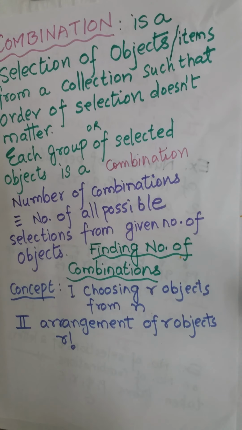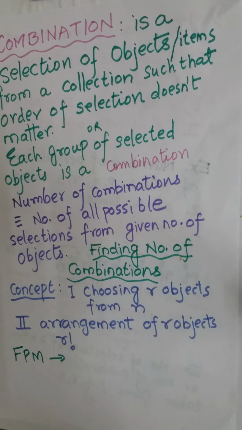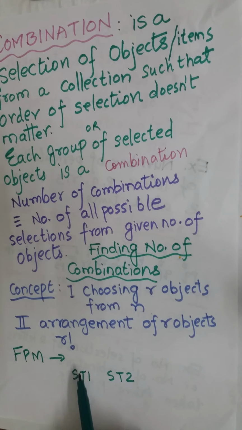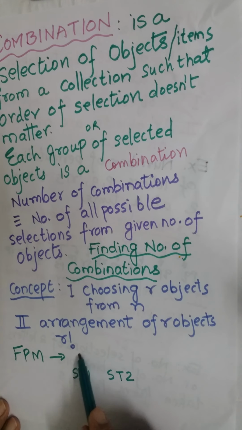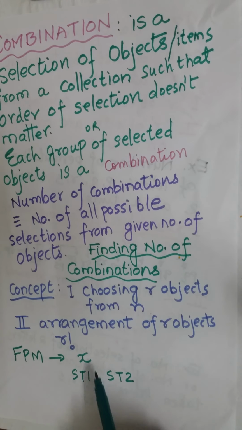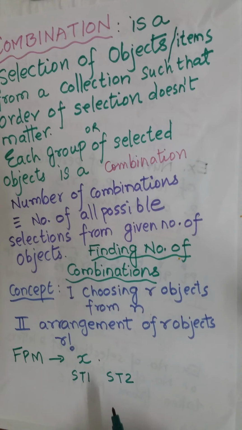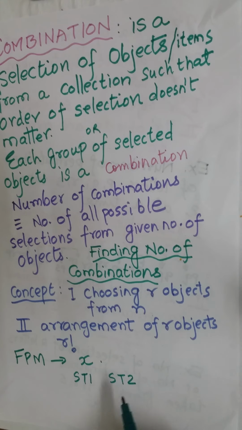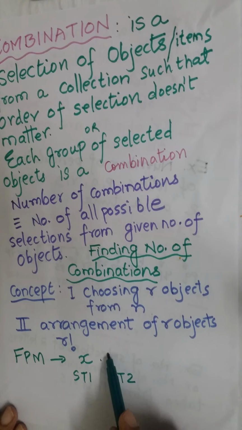So from the fundamental principle of multiplication, FPM, there are 2 subtasks. The first subtask is to choose R objects from N. Let's say the number of ways is X. The second subtask is arrangement of these R objects, which we know is R factorial.